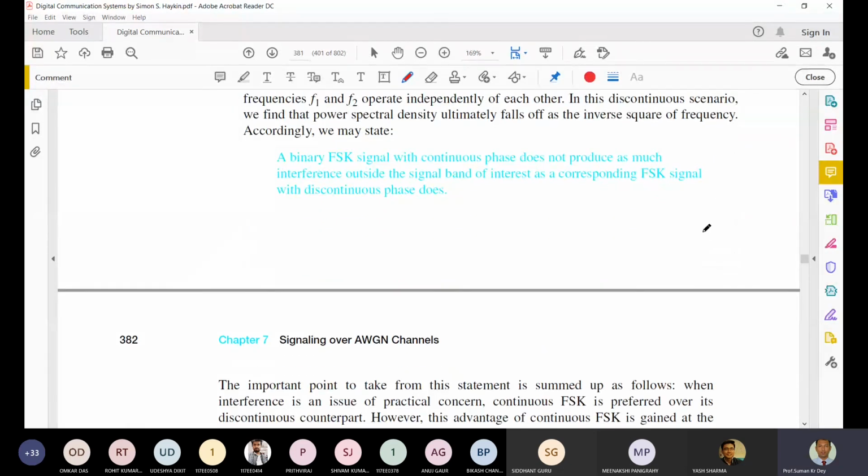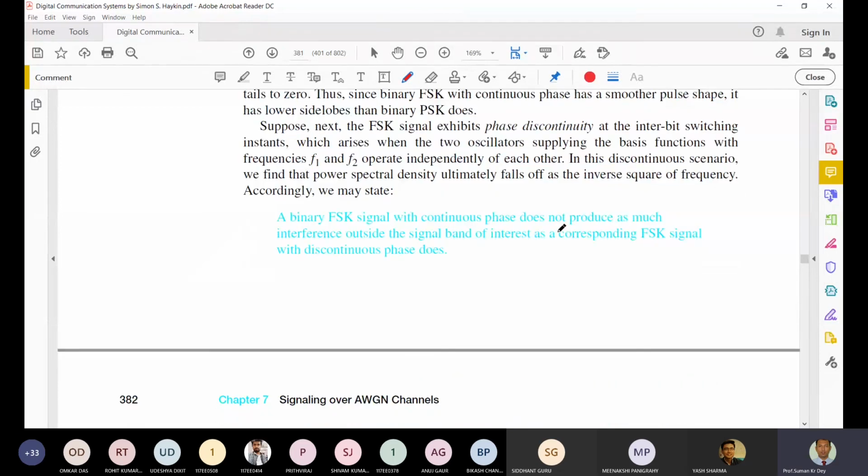From this figure we can make a statement: the binary FSK signal with continuous phase does not produce as much interference outside the signal band of interest as the corresponding FSK signal with discontinuous phase does.